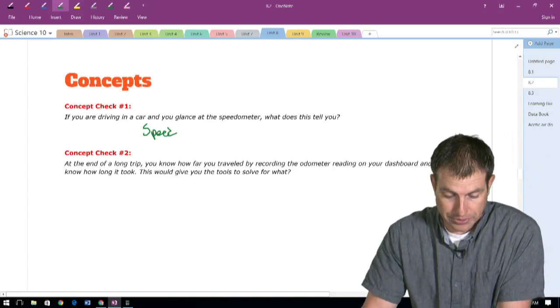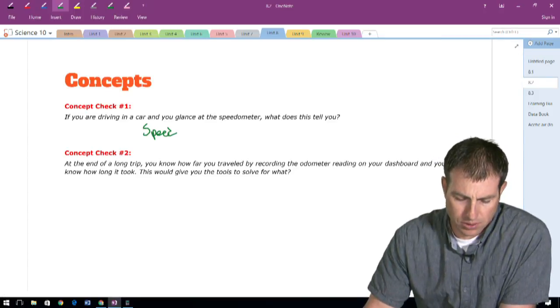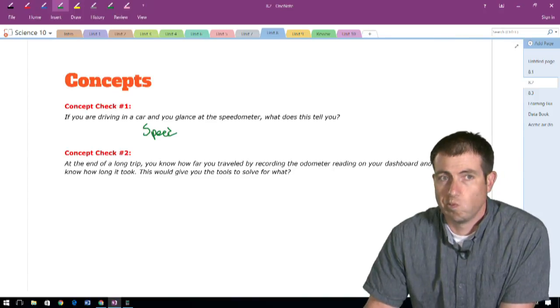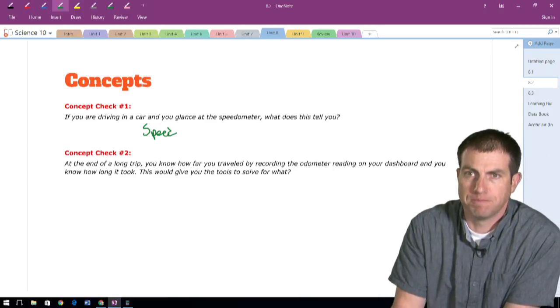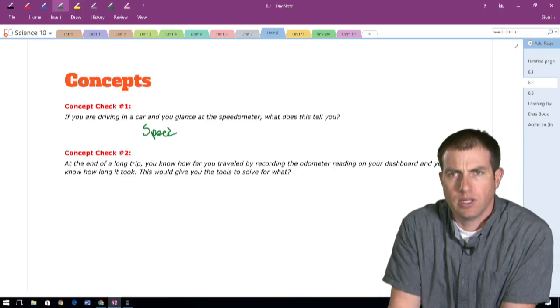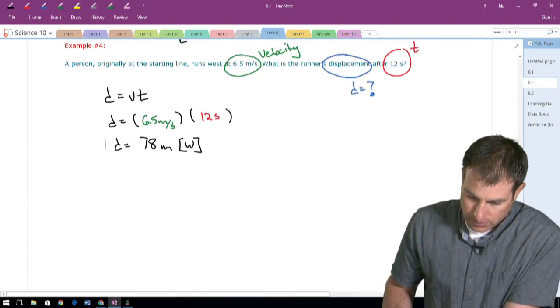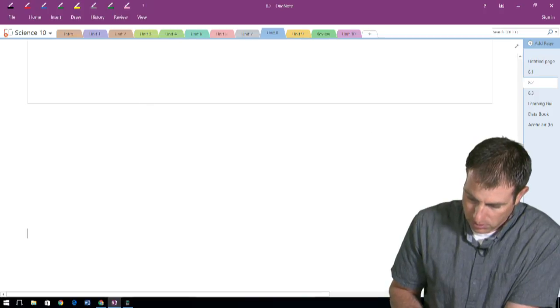Why is it speed? You're right, Kyla, it's speed for sure. Why isn't it velocity? What's the problem with velocity? Why haven't we a velocity meter on your car? Why is it a speedometer?